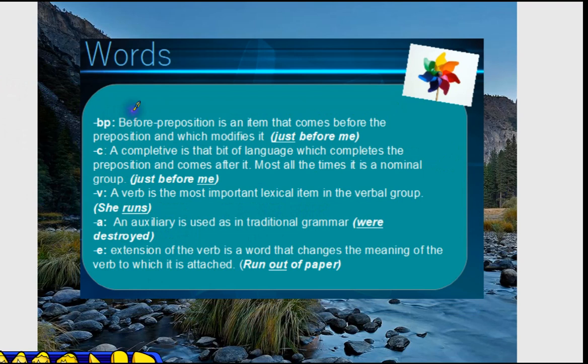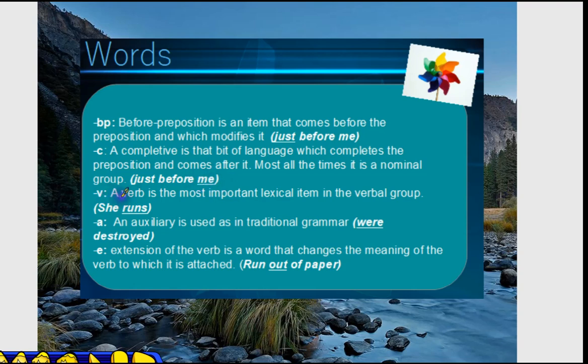BP is a before preposition, like a pre-modifier, maybe we could say, before the prepositional phrase. C is a completive. It is basically a post-modifier for this expression. In this case, it is made up of an object or noun.